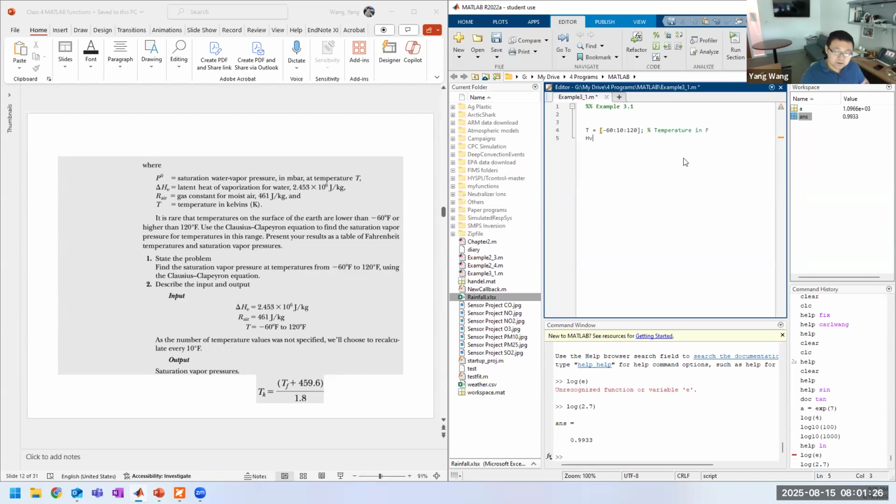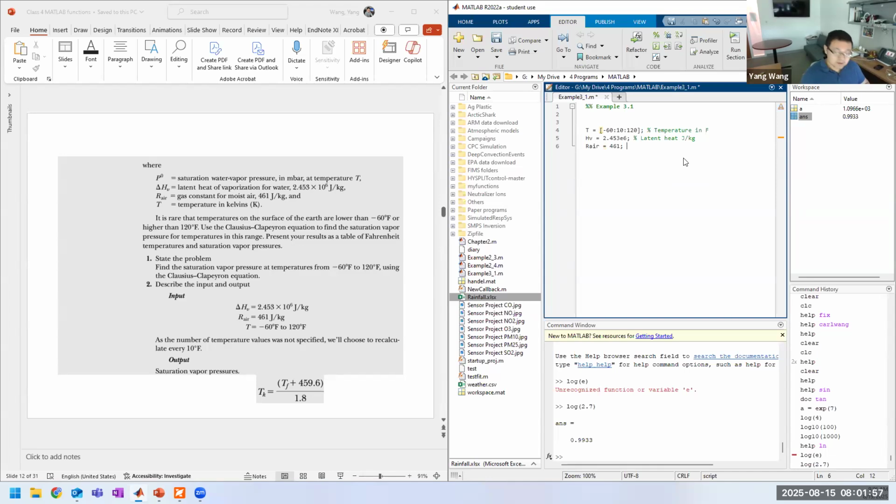Then we can also type in the other parameters. For example, HV equals 453E6, which will be the latent heat, with the unit of joule per kilogram. And then there's also R air, so 461.